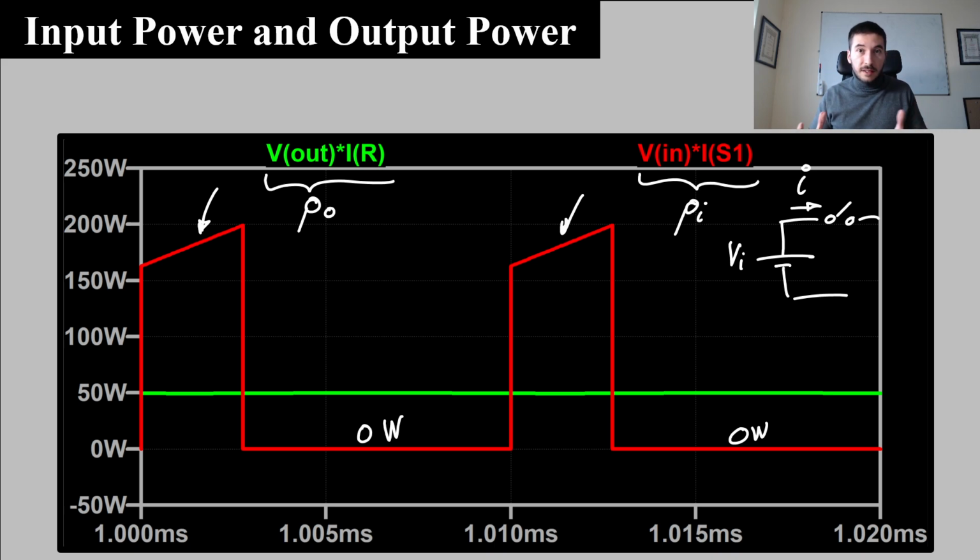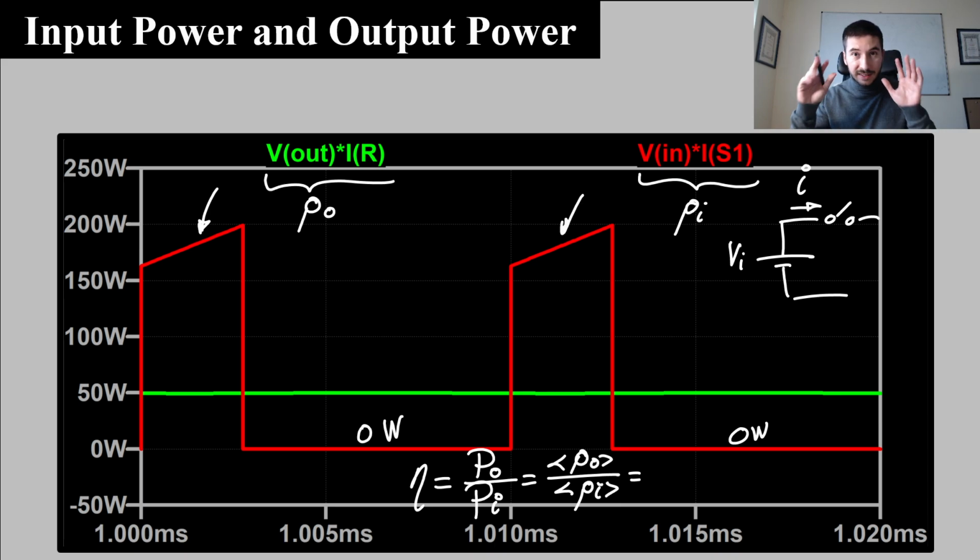Why do we analyze that? Because we need those results in order to evaluate, for instance, the efficiency. The efficiency is average output power divided by average input power. The average output power is the average value of the instantaneous output power, and the average input power is the average value of the instantaneous input power. The good point is that we can evaluate the average values of those instantaneous powers in LTspice.